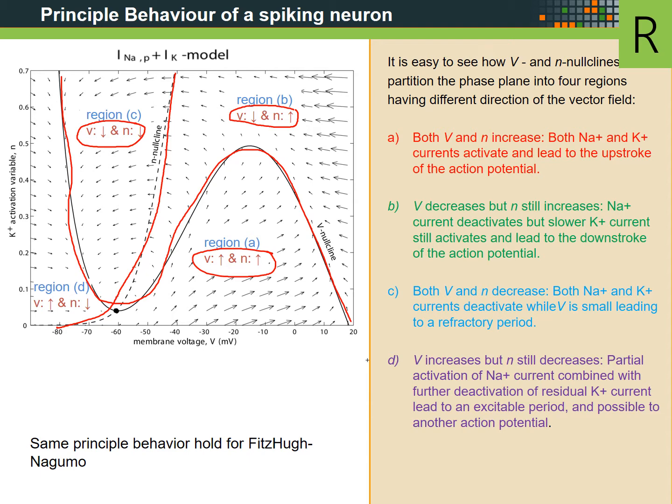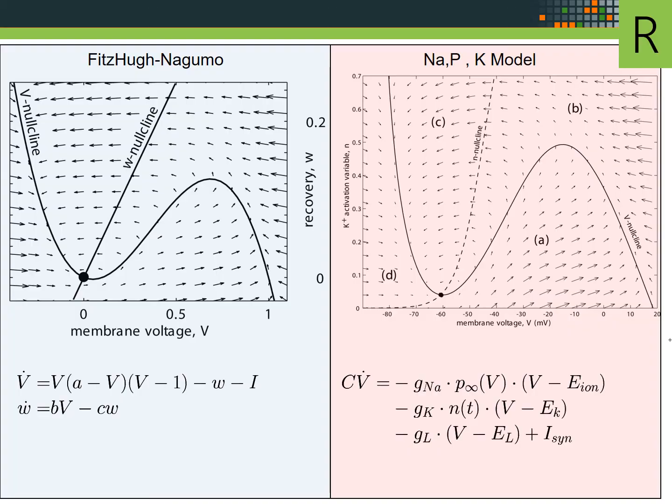So having this in mind, we decided that instead of modeling and simplifying the neuron in an analytical fashion, we identified that we need these four principal regions, and we were looking for a simpler way to actually construct nullclines that look similar and tailor the entire phase space into similar regions.